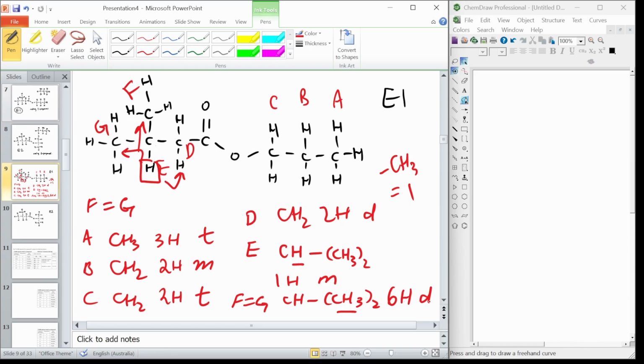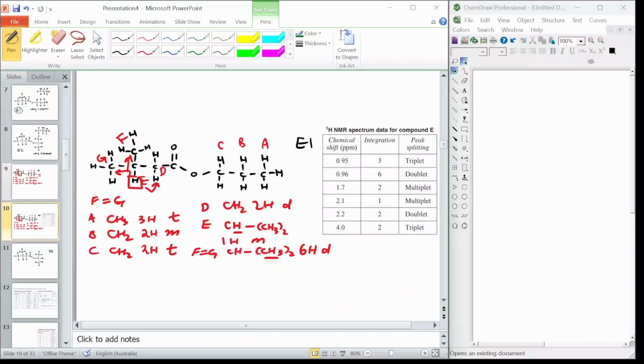Alright, so we're going to now go back and have a look at how what we have matches the proton NMR that's provided in the question. In this part, I'm going to compare what I predicted for E1 to the actual data provided by the question. So we're going to go through it. 0.5, 3, and the triplet.